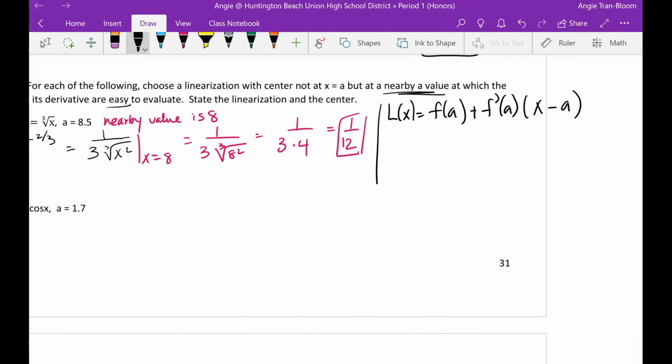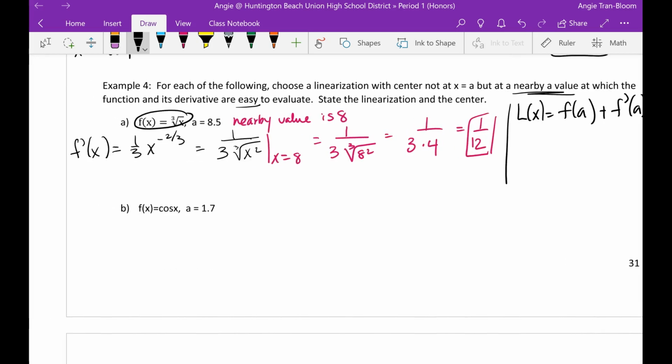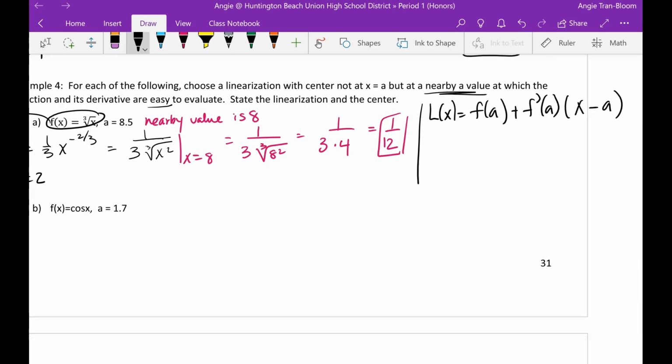So I'm going to plug in 8 for my f function because that's the value I've chosen. When I do f of my nearby value, which is 8, that's really the third root of 8, which is 2. So my f of a is 2.